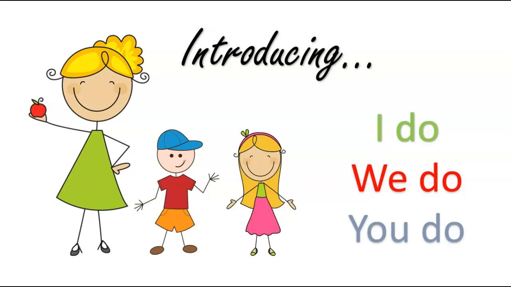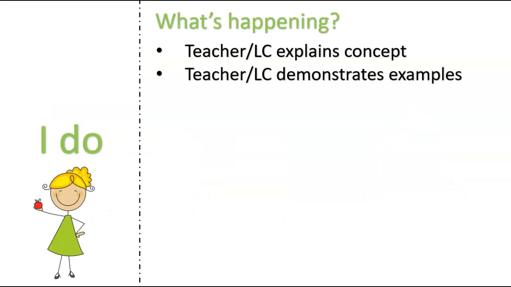I do is when the teacher is explaining something or demonstrating. The student is very neutral, just observing. The teacher is doing the talking and all the work, showing from step one all the way to the end how to do a problem.